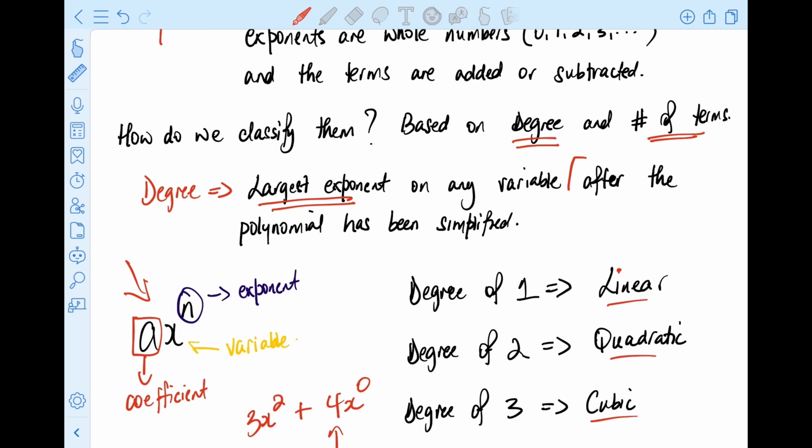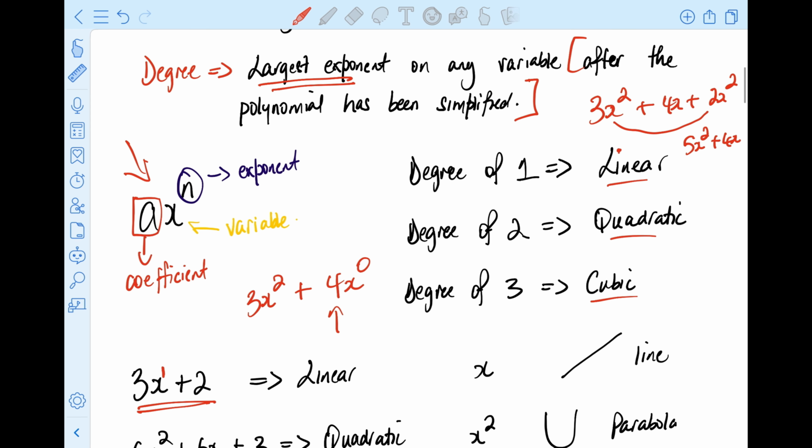We have to put this part in there because sometimes we have a polynomial with like terms, right? For example, 3x squared plus 2x squared can be added together to give us 5x squared plus 4x. So ideally, it's just saying simplify the polynomial first, then you look at what the degree is. In this case, the degree is 2. It is the largest or highest exponent.